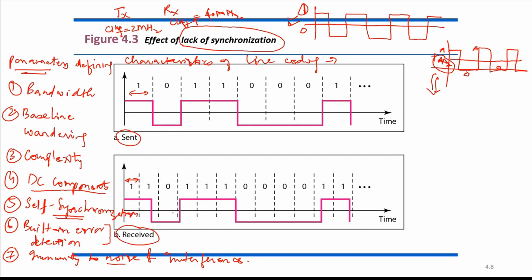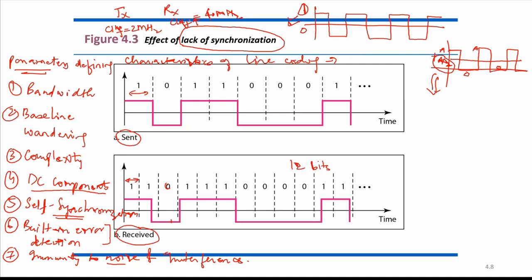At the next time cycle it checks again, it is low again, so it detects low, meaning 0. Next it goes high, so in this region it detects 1, and again in this region it detects another 1. So 8 bits are sent at the sender side, but at the receiver side 12 bits are received.